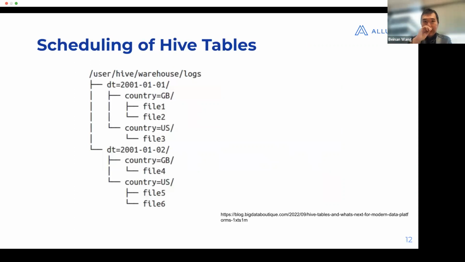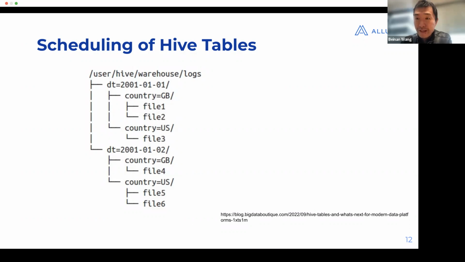And okay, as I mentioned, your Hive table probably got partitioned by dates, time, country, whatever. This approach can prevent you from having a super large flat folder containing all of your data.